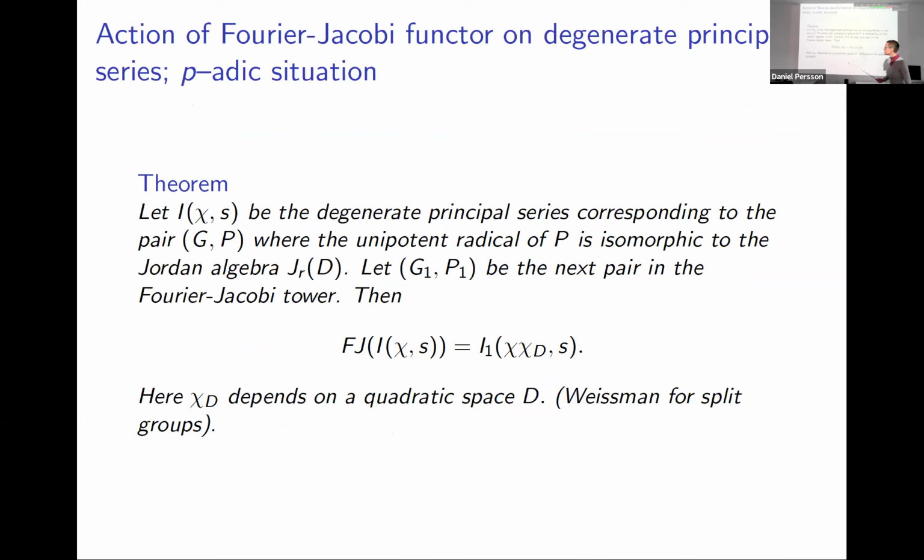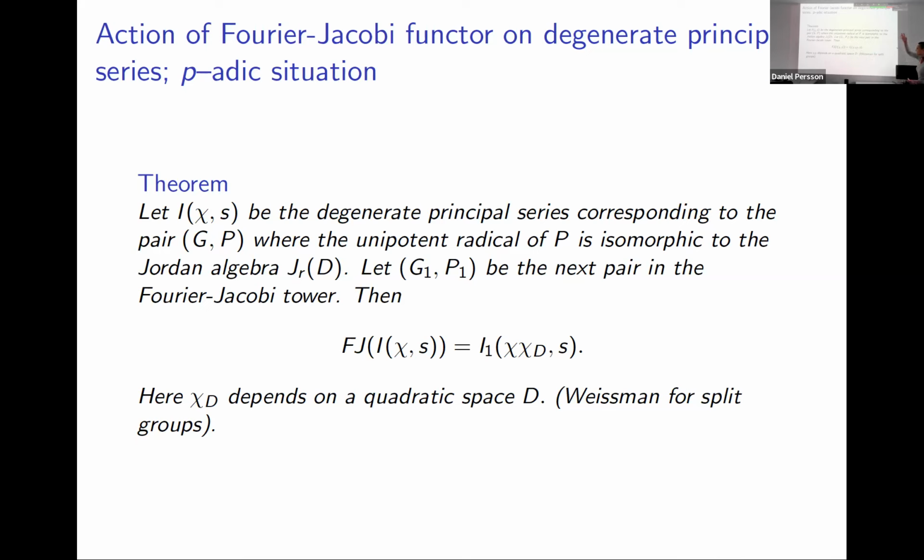And the nice property, which was proved by Weissman for split groups, and Gordon checked everything for all inner forms, is as follows. If you have the degenerate principal series corresponding to this pair, then when you apply the Fourier-Jacobi functor to this smooth representation, you actually get the degenerate principal series on this smaller group.